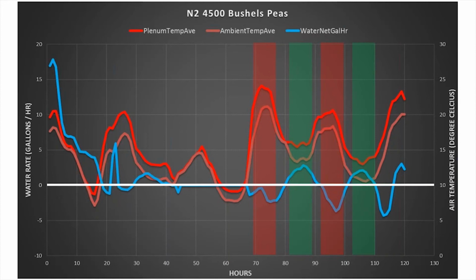The only way that you can actually dry grain is by adding the BTUs and evaporating that water. So if you have 1 point to dry, potentially cooling alone will get you there. But this is just a nice illustration of what is required.